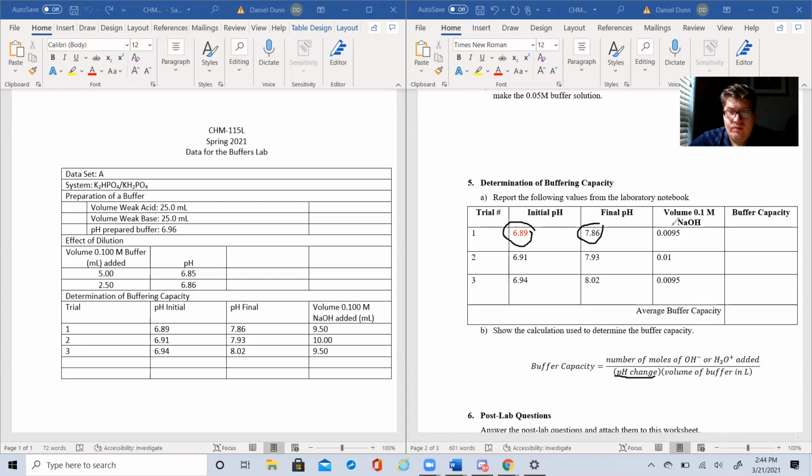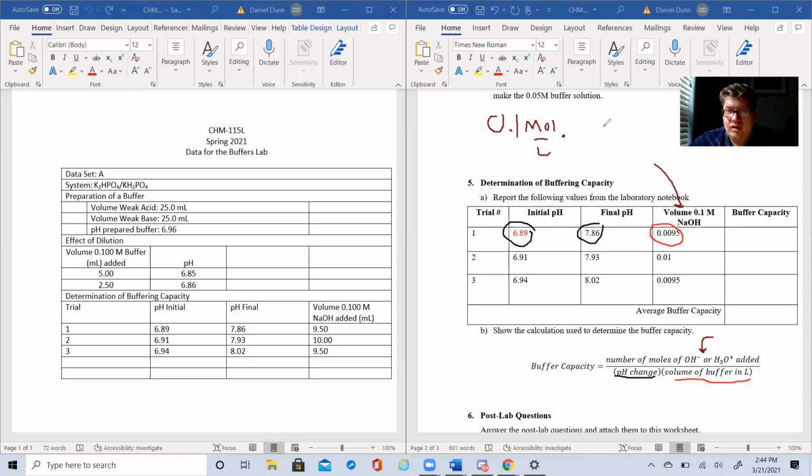The volume is just going to be this one right here. And then the number of moles. Now, NaOH is a strong base, which means it dissociates 100%, which means the concentration of my OH is also 0.1, which is also just moles over liters.